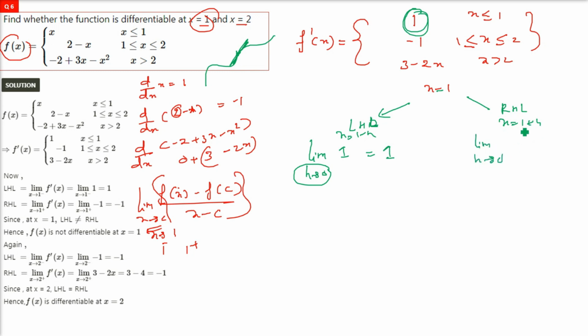Again here the value is negative 1. Whatever you apply, 1 plus h or whatever, it won't affect because it is already a constant, and 1 is not equal to negative 1 because there is no x in both of them. Left hand, right hand, there is no h. So 1 and negative 1 mean the left hand limit and right hand limit of the derivative of this function at x equals 1 are not matching.